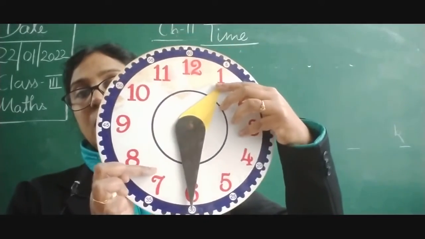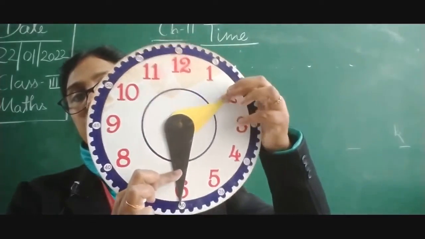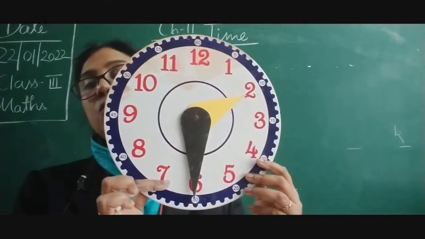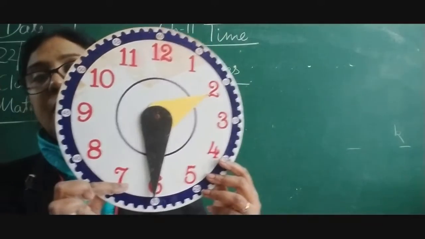Suppose your hour hand is at 2 and your minute hand is at 6, so it will become half past 2.